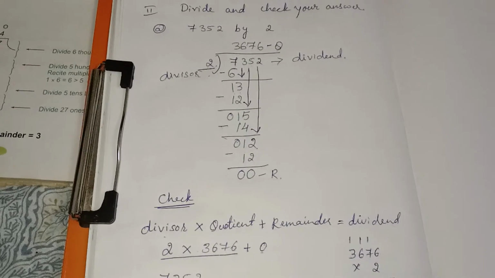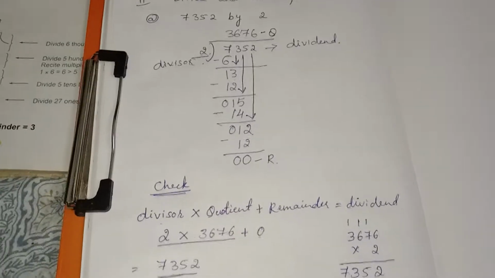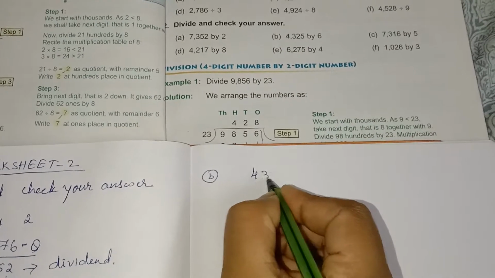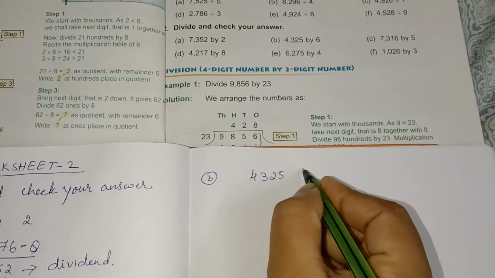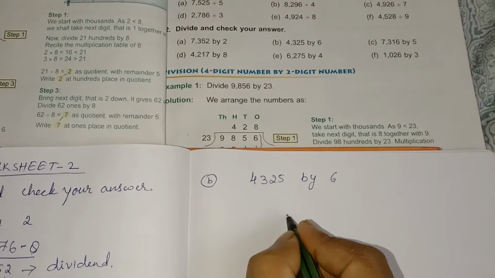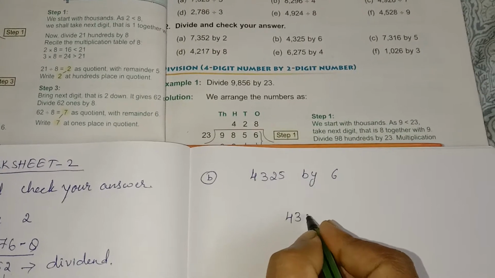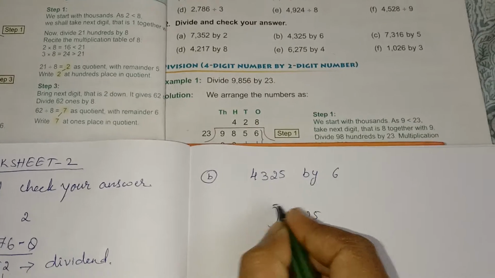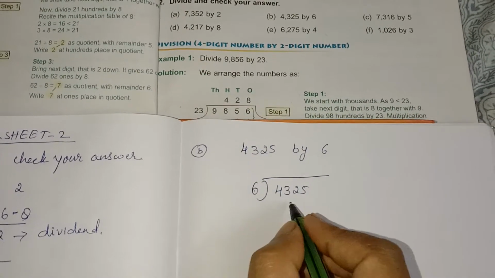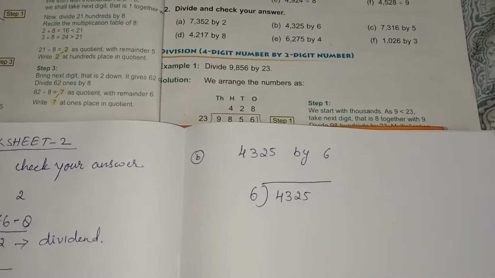Next, move on to the second one. 4325 by 6. Write down 4325 by 6. Now here we have to recall the table 6.